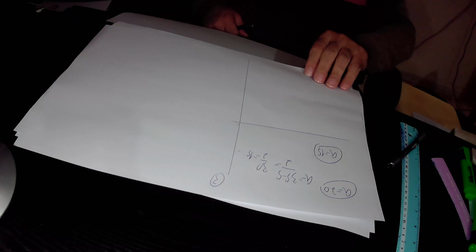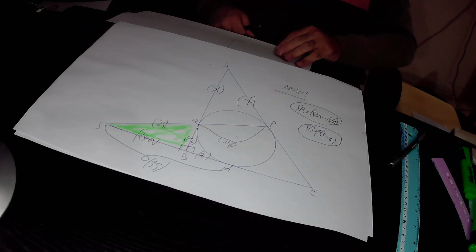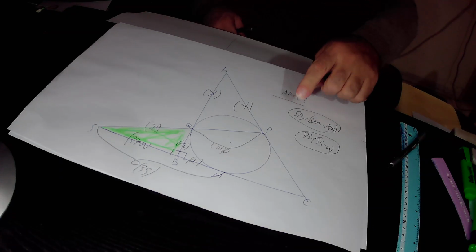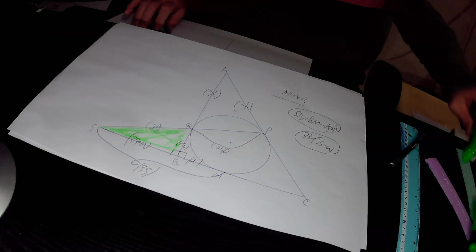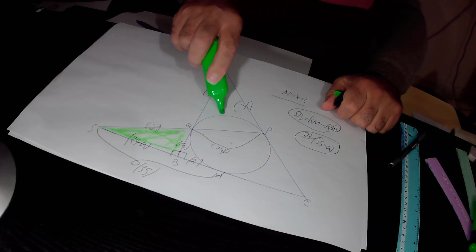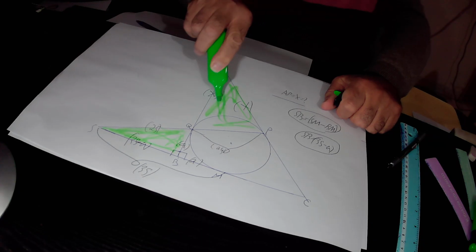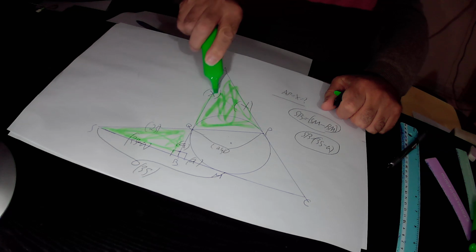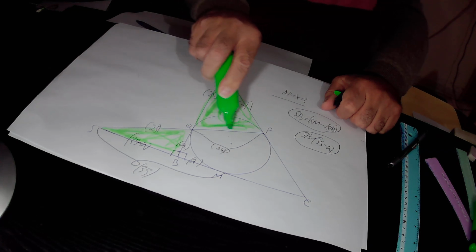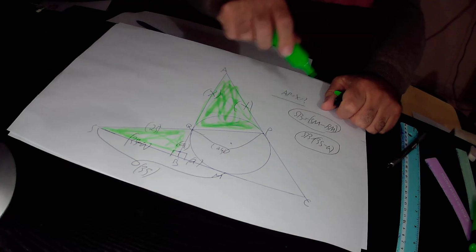In the next step, we'll do the construction, but before that, this is triangle APQ. The red triangle APQ is an isosceles triangle because side AQ equals side AP.